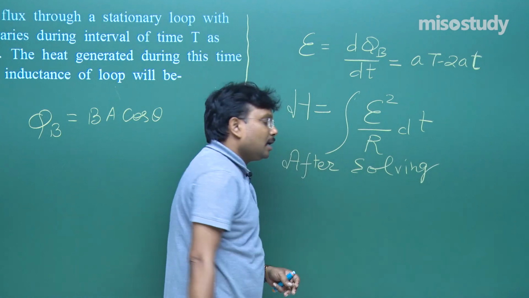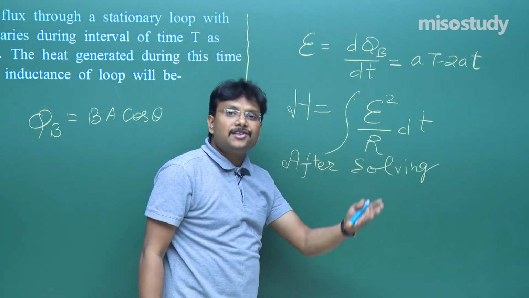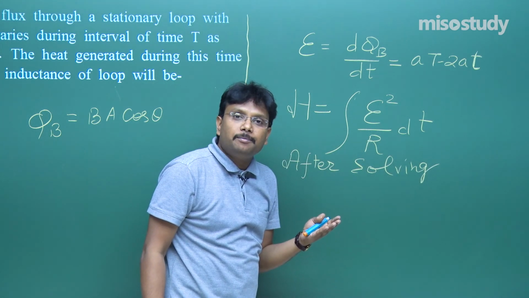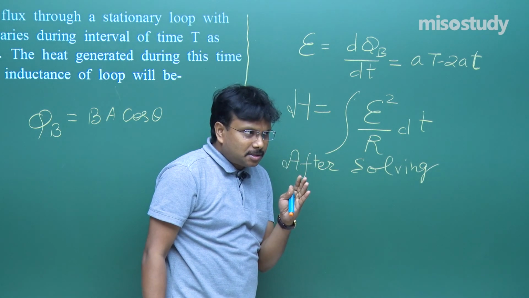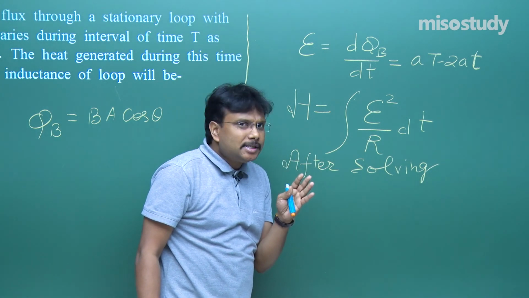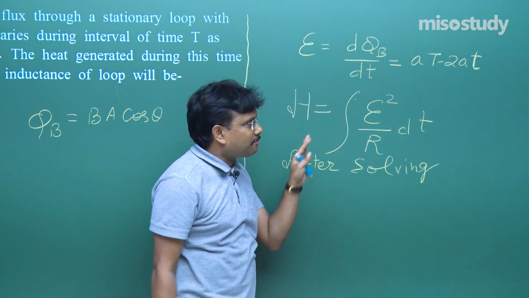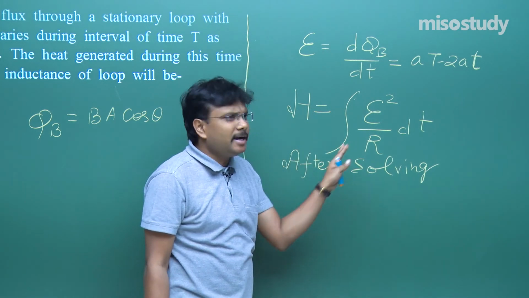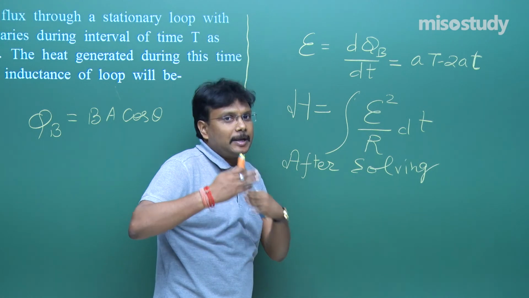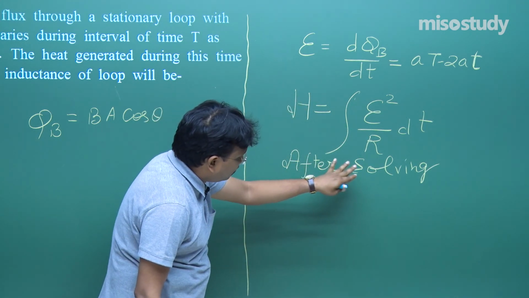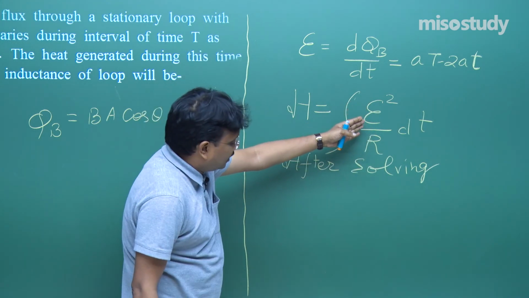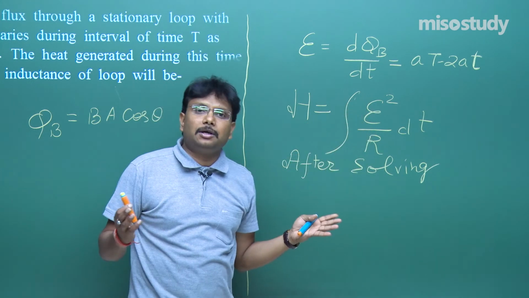Now, even if you pick previous years' question papers of the NEET medical entrance exam, you will find at least around 20 to 25% of questions have some sort of calculations, not very difficult, but yes, some steps are there. So that is why I am putting these questions. Now after solving, obviously integrating and solving it is not a big task.